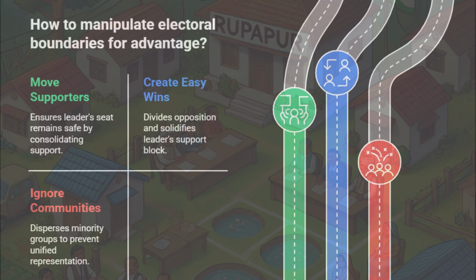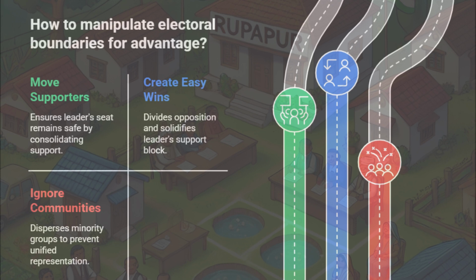Some powerful leaders in Rupapur realized they could manipulate the process for their own gain, moving supporters to one area. A leader in Ward 3 who had strong support but faced a tough rival convinced some of his voters to change their addresses so they could be counted in his ward.